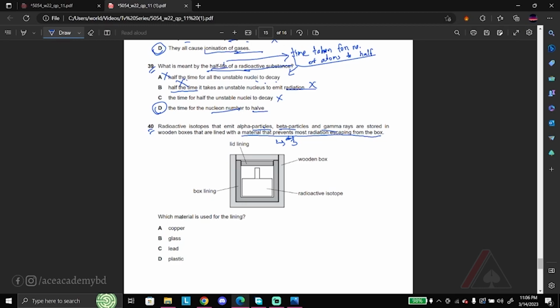Let's see the materials we have here. Copper can stop alpha and beta, but not gamma. Some of them can pass through. Glass cannot stop beta and gamma rays, and plastic as well. So the only possible answer is lead, which can stop gamma rays, and obviously beta and alpha rays as well.